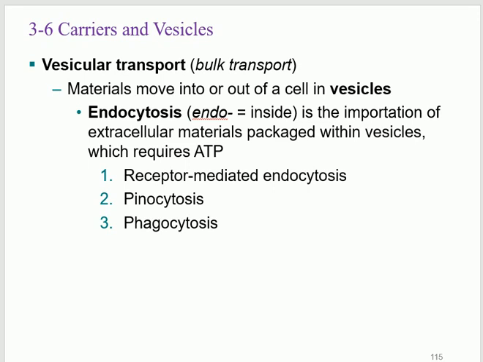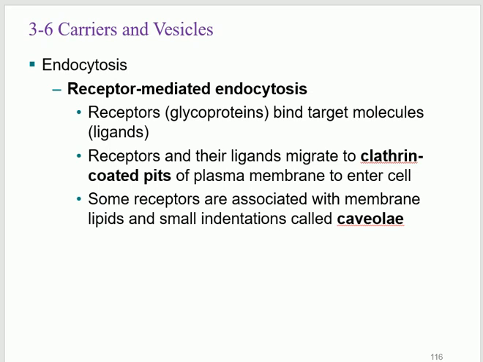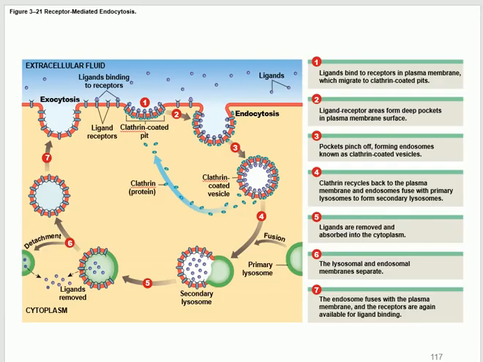But according to the nature, again, solid, phago means eat; fluid or liquid, pino means drink. The third one is receptor mediated. It's moving something in, but you have to interact with the receptor to allow you to go in, unlike the other ones. So look at this. You want it to move something in.